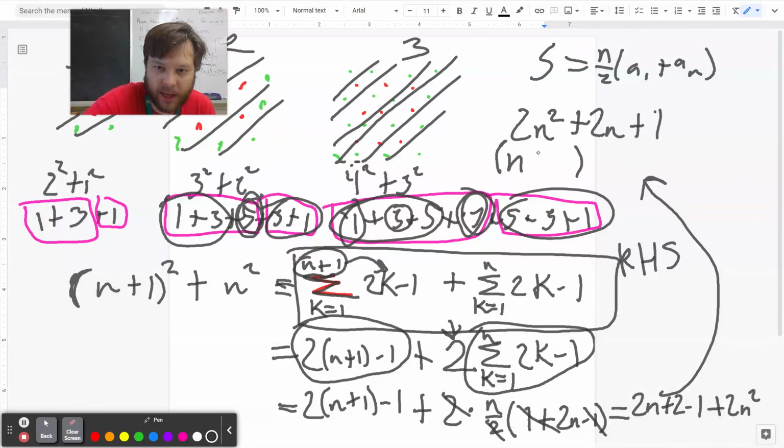I can write that as n plus 1 squared plus n squared. This n plus 1 squared comes out to be n squared plus 2n plus 1, and then the extra n squared is right there. And so that's my direct proof.